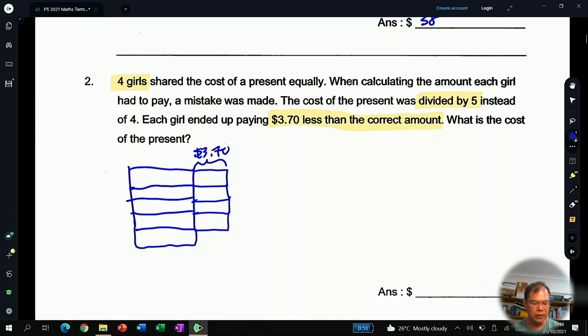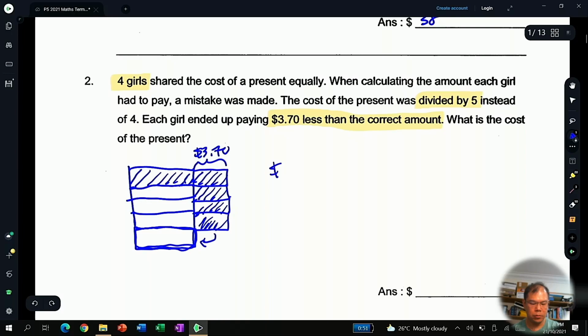So if this is the actual amount for each girl, so this extra $3.70 must come from this extra portion, right? And so $3.70, $3.70, okay, times 4 would go into this extra portion, this 5th portion, right?